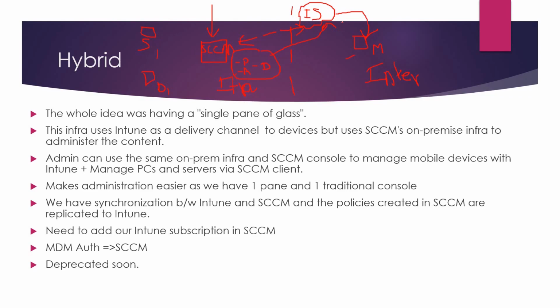He did not have to log into the Intune console, which would obviously be a newer console for him, and make policies or provision applications from there, because seamlessly a sync happened between SCCM and Intune, and all the policies created in SCCM moved over to Intune. In this case, the MDM authority was SCCM. Okay, so it was SCCM wherein we were making the policies, and it was SCCM which was the MDM authority.